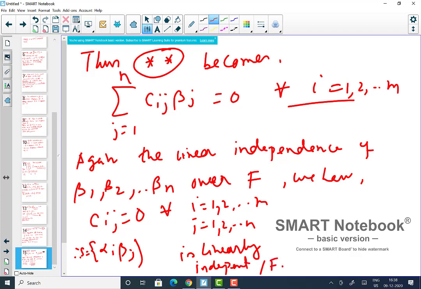So this is a set of vectors of L which is linearly independent over the field f, right? So one part, you already get the linear independence property. What is the next part? The next part is the spanning set that you need to prove, and that is also not difficult.